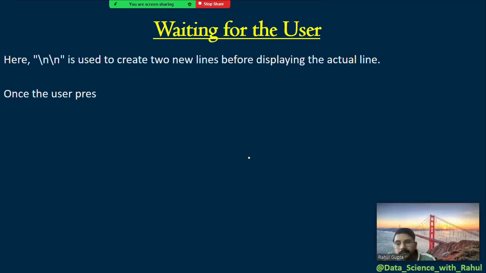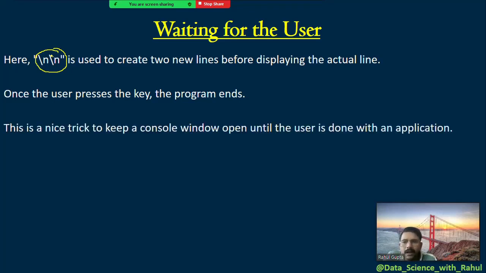Here the \n is used to create two new lines before displaying the actual line. Once the user presses the key, the program ends. This is a nice trick to keep a console window open until the user is done with the application. So this is waiting for the user.